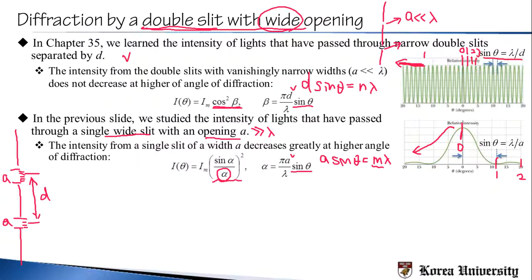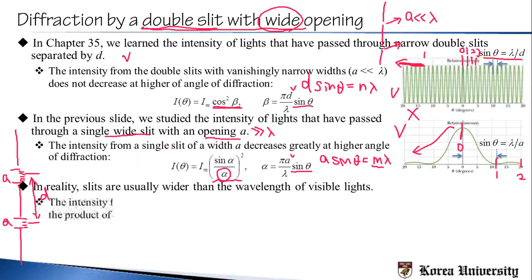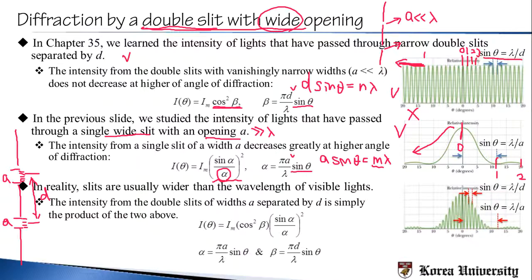What I can tell you is that the intensity of the diffraction coming from this double wide slit is simply a product of the intensity of the double narrow slit multiplied by the intensity of the single wide slit, and the result looks like this. In mathematics it is simply a multiplication between cosine square beta, coming from the double narrow slit, and the square of sine alpha divided by alpha, which comes from the single wide slit.